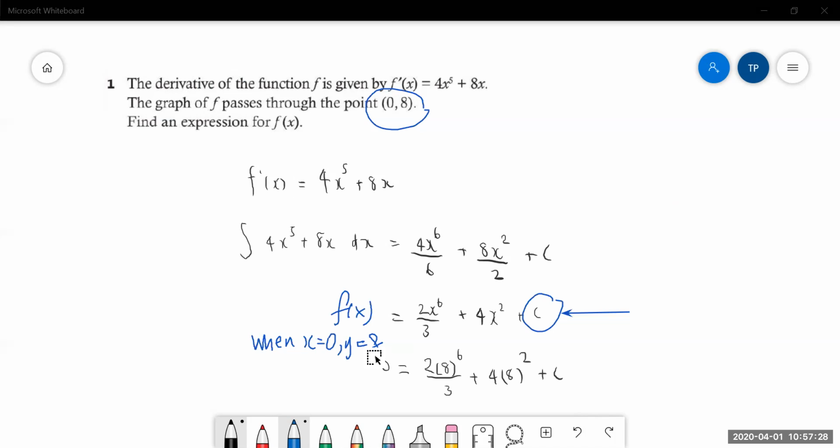Okay. When x equals 0, 4 times 0, you get 0. C is just 8.